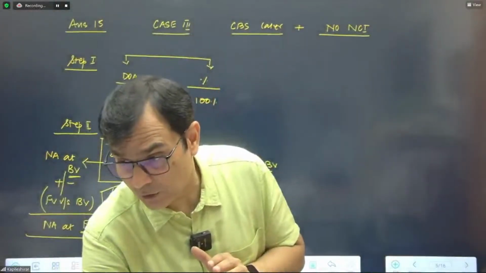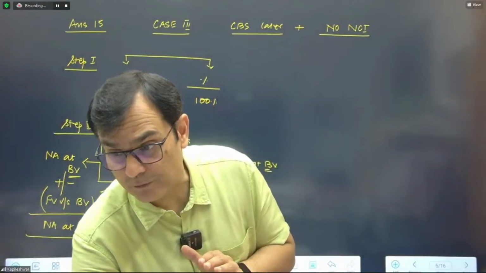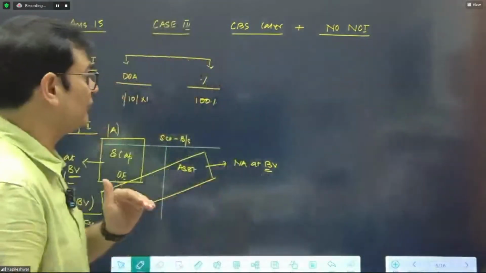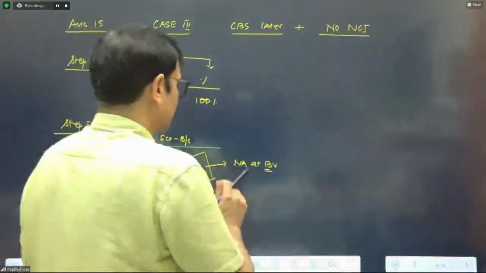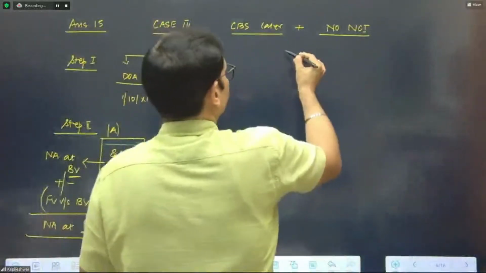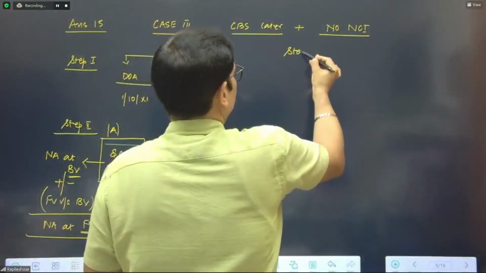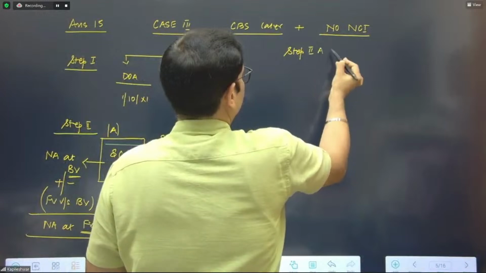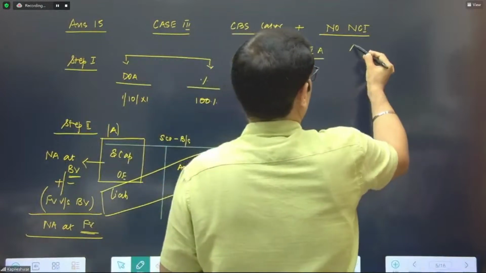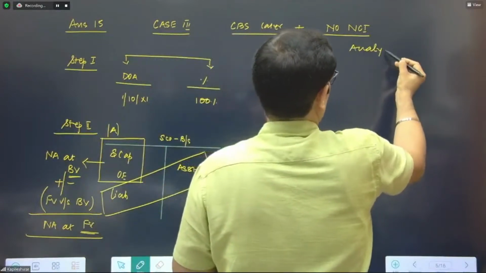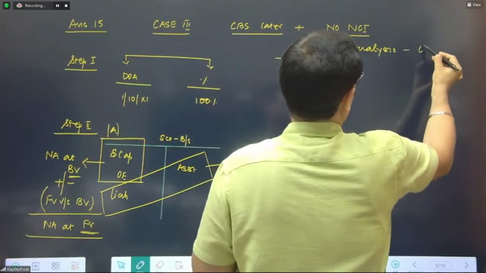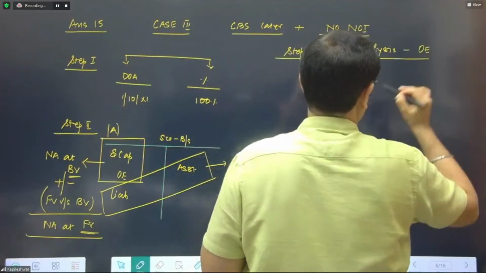So we're going to incorporate this because we need to get the information that is net assets at fair value. So let's begin with step number 2A, and that is the analysis of other equity. Now watch this carefully, how the analysis of the other equity is going to take place.